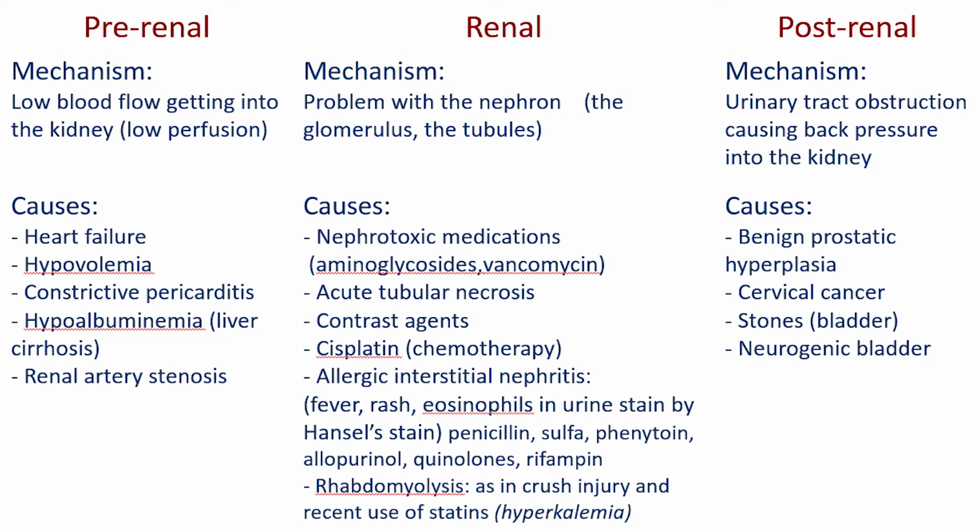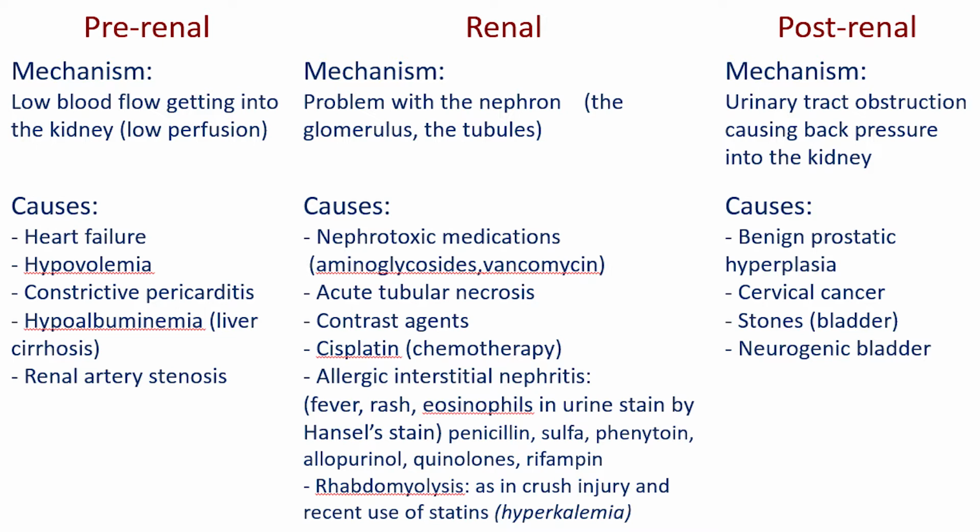It is the small one in the urinary bladder. Why? Because the back pressure is going to affect both ureters, will affect both kidneys, and the obstructive uropathy has to be bilateral, not unilateral. Some of the causes of this obstructive uropathy are BPH, benign prostatic hyperplasia, cervical cancer, stones, and neurogenic bladder.